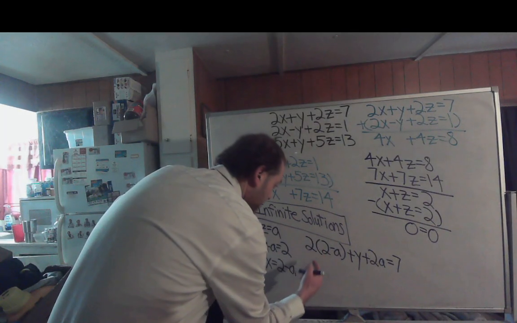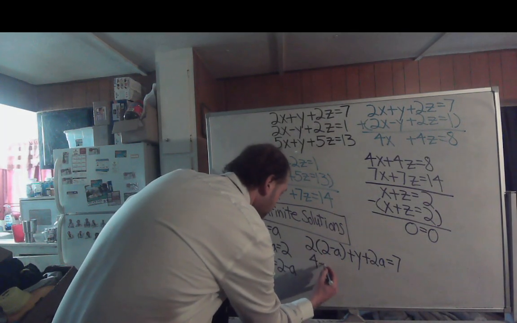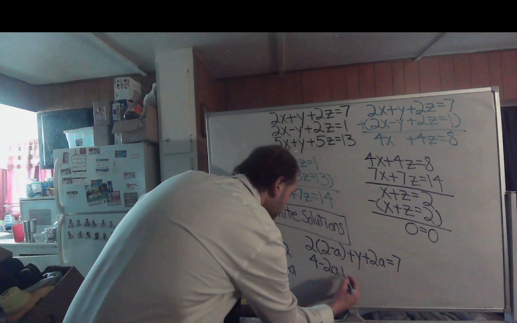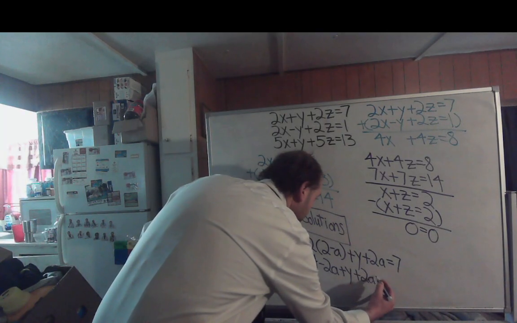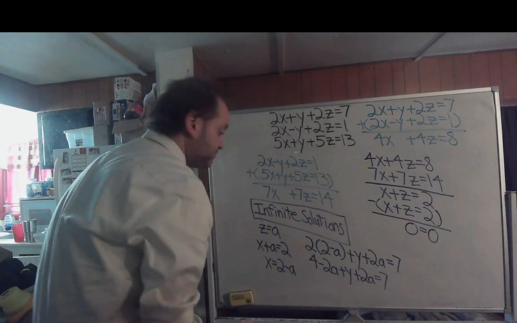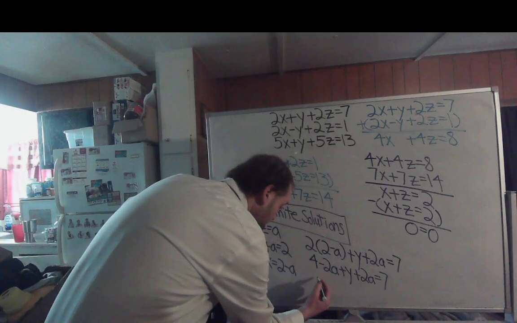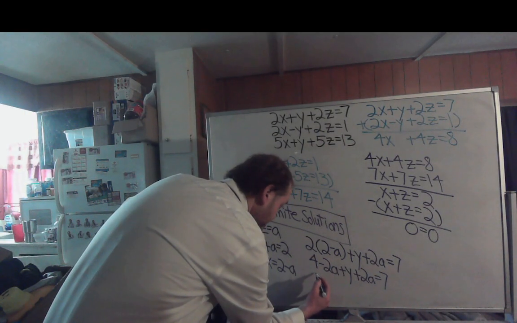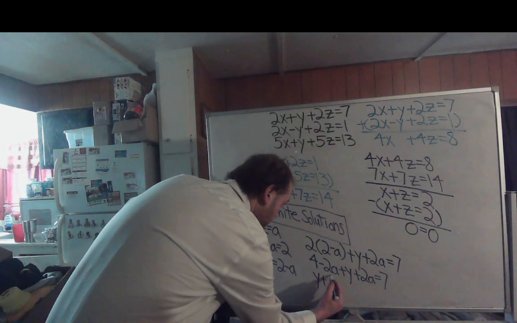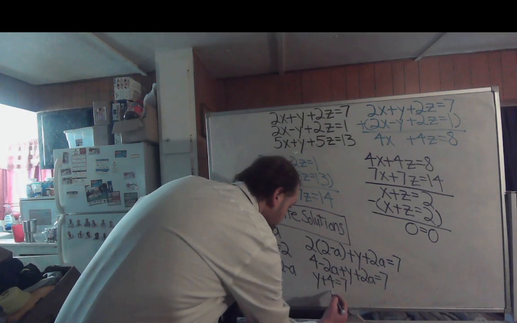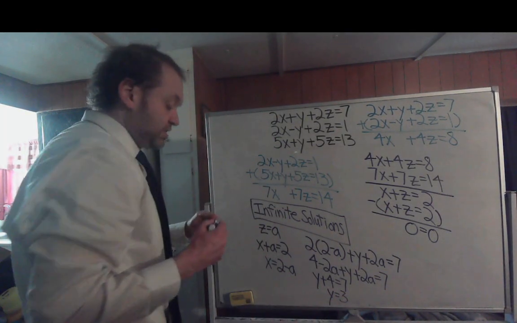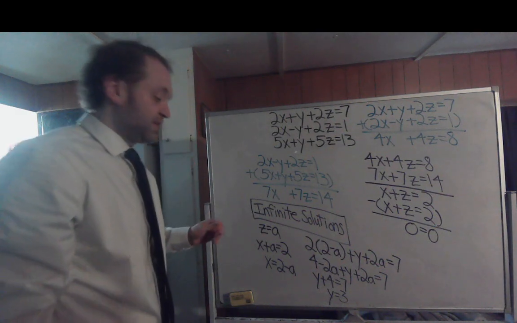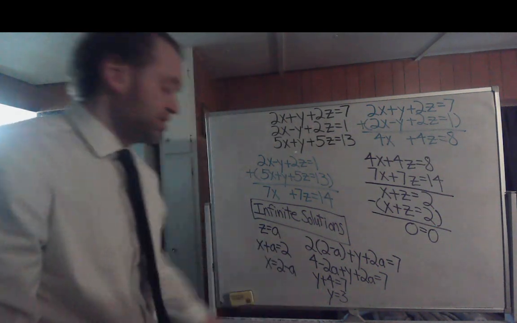And then you'd have 4 minus 2a plus y plus 2a equals 7. While the a's go, you would end up just having y plus 4 equals 7, which would give you y equals 3. So, yes, you have infinite solutions, but the y value is always going to be 3.